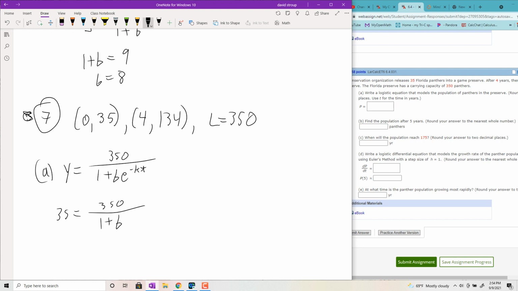E to the 0 is just 1, so you got 1 plus b. 1 plus b then will equal 10, so b is 9. And so our equation becomes y equals 350 all over 1 plus 9e to the negative kt. Use the other initial condition now to solve for k.